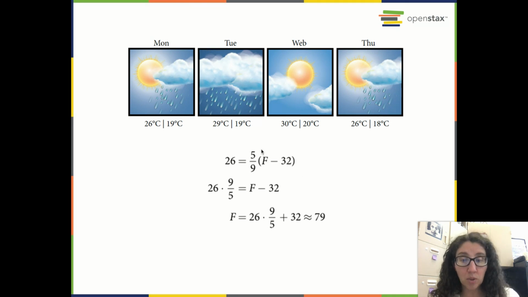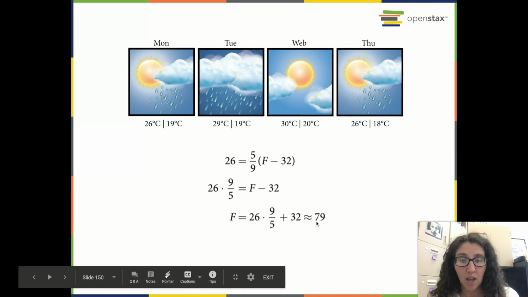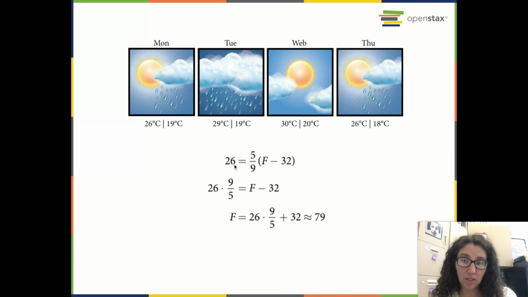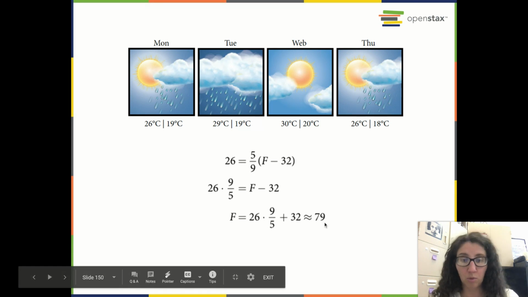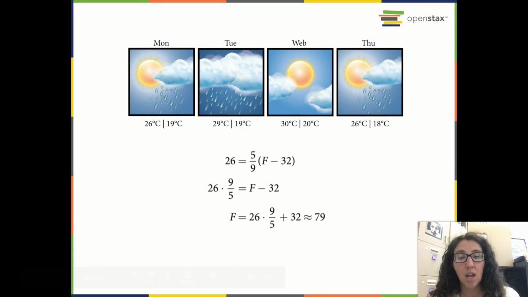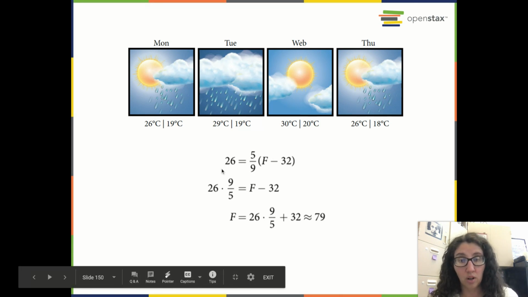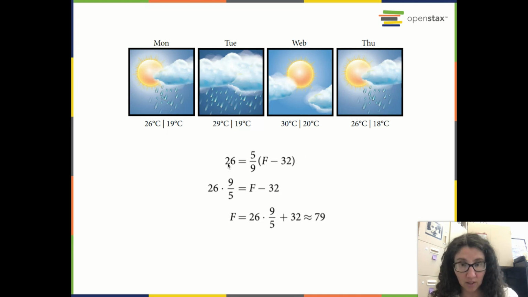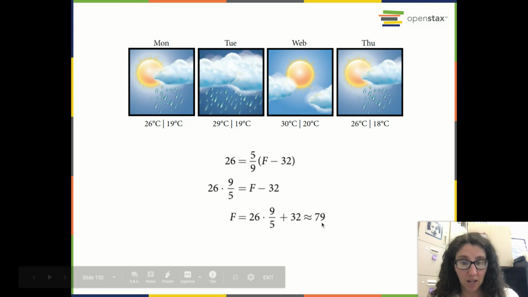So she uses this relationship and plugs in the Celsius value of 26, multiplies by 9/5 and then adds 32. She says, okay, if the Celsius temperature is 26, the Fahrenheit temperature is 79. And she could do that for each of her temperatures here, plugging in the Celsius value and then doing the algebra to get her Fahrenheit value.